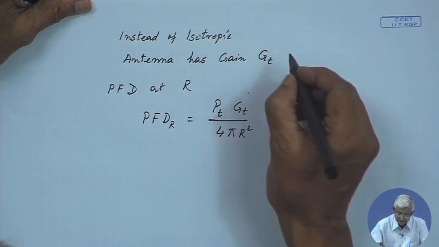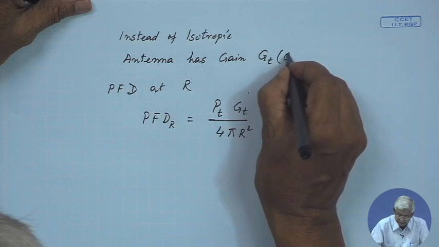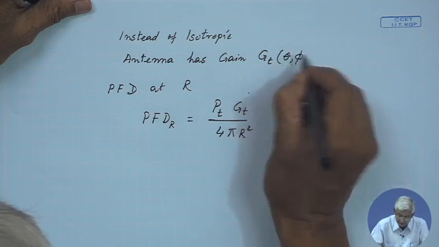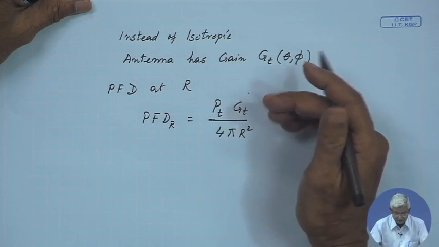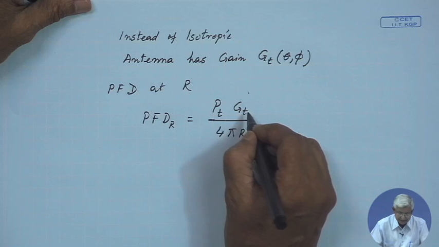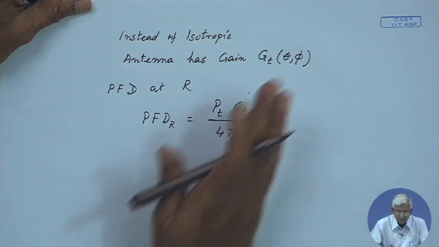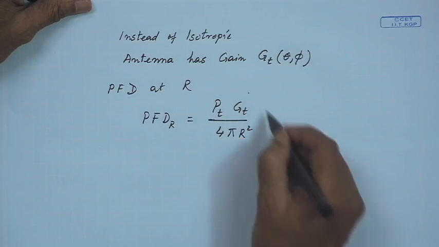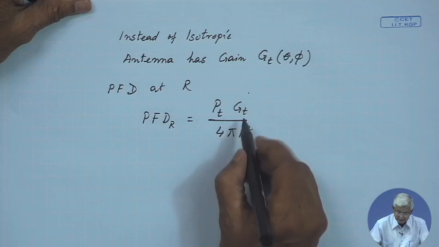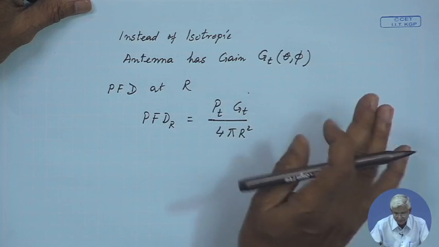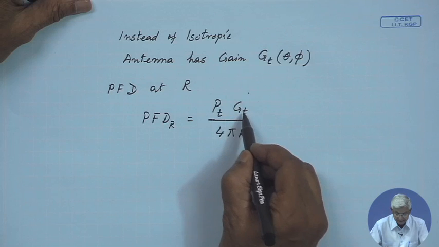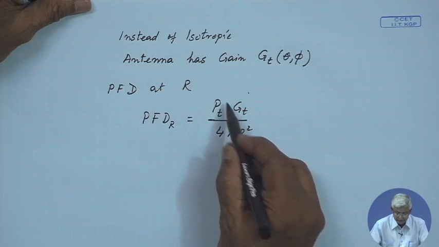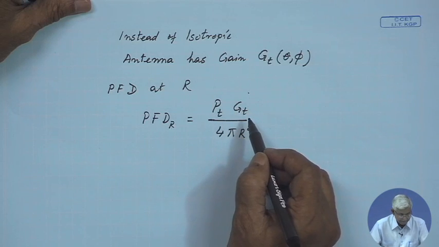Now, this GT we have earlier said is normally in the theta phi direction, but in general people take GT as the maximum, that is, in the bore side. But this is a standard general formula. And for GT in the theta phi direction, you can find out how much power is reaching there by putting that GT value multiplied by PT by 4 pi R square.